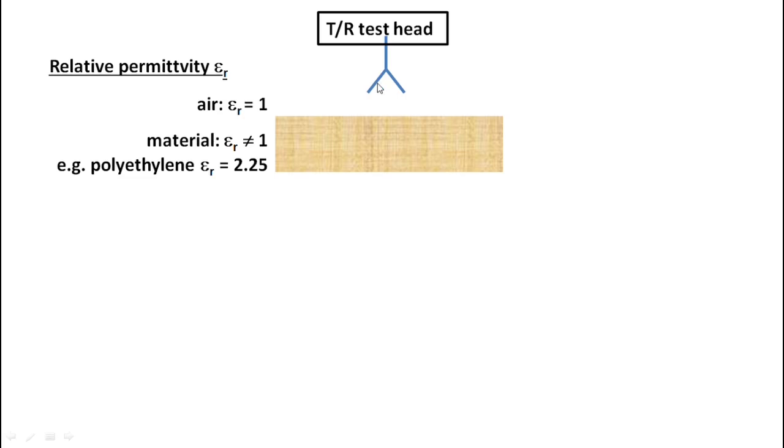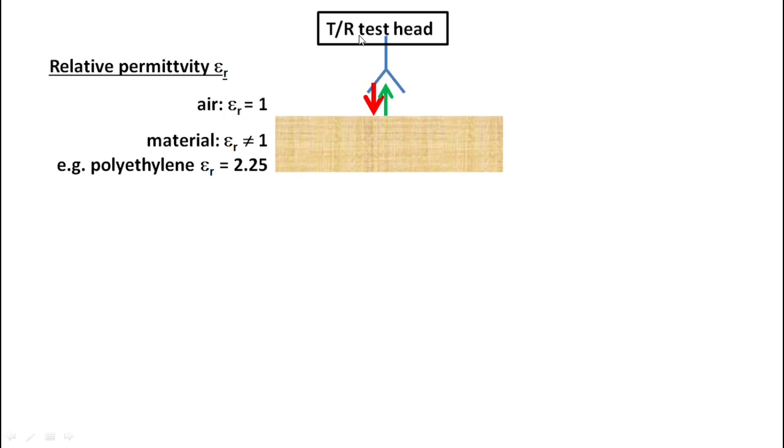So the transmitter part is radiating a wave. This wave hits the surface, and where there are changes in permittivity, a reflection occurs. And so a large part of the radiation is reflected into the test head and received by the receiver part.